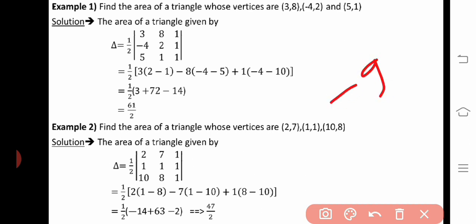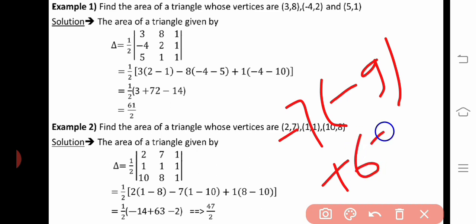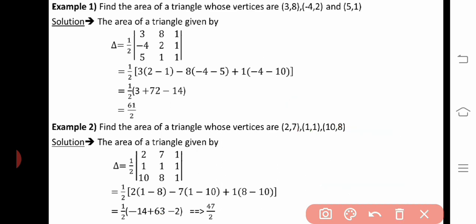Minus 9 into minus 7. Minus into minus is plus, we will get 9 sevens are 63. We have to write that here. Then plus 1 into 8 minus 10, minus 2. This implies if you solve this simplification we will get 47 by 2.